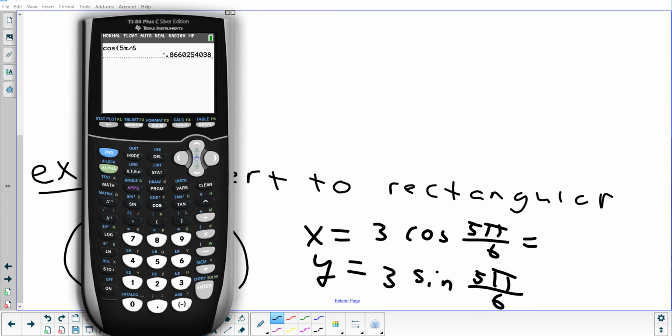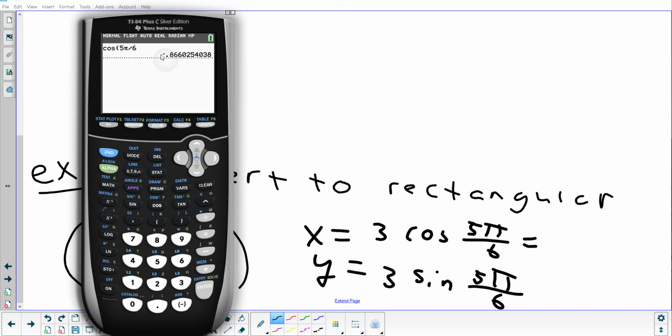What is negative 0.866 as an exact square root fraction? Square root 2 over 2? That's 0.707. Square root 3 over 2. What's 1/2 as a decimal? 0.5, right. So that's not 0.5. Square root 2 over 2 is 0.707.